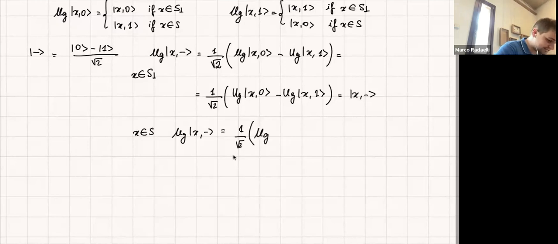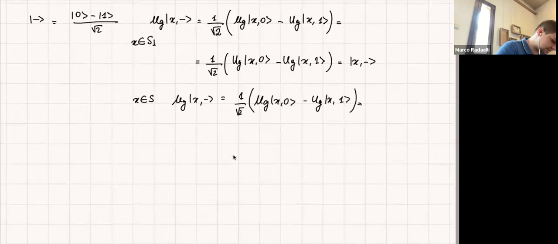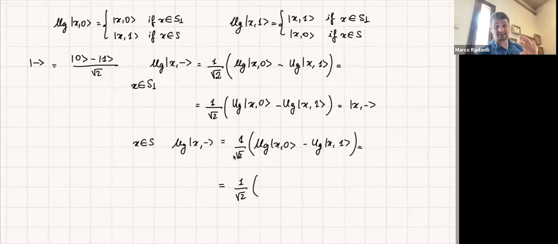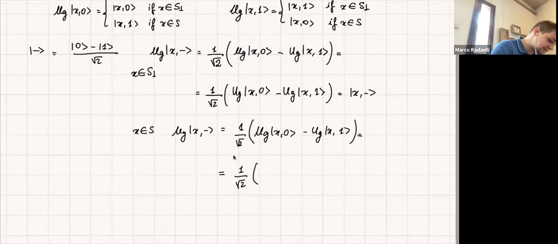I have exactly the same thing. Nice. And then, since it is in the set of the solutions, the output register will be flipped on both sides. So I will get x1 minus x0.